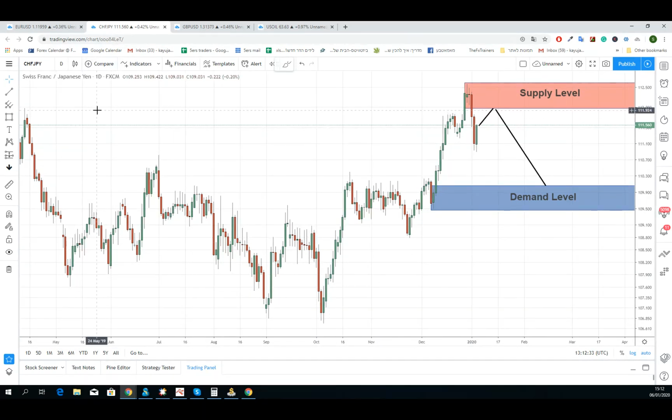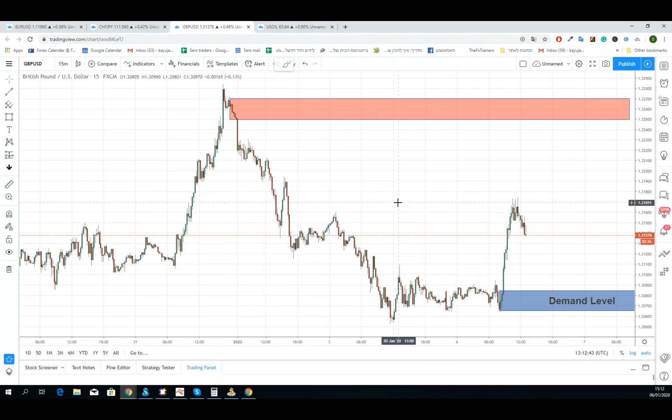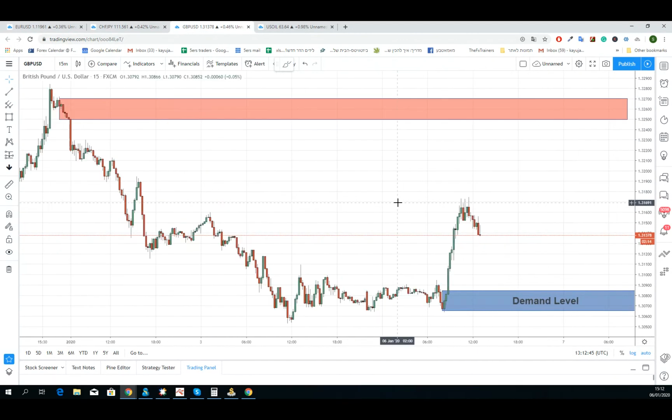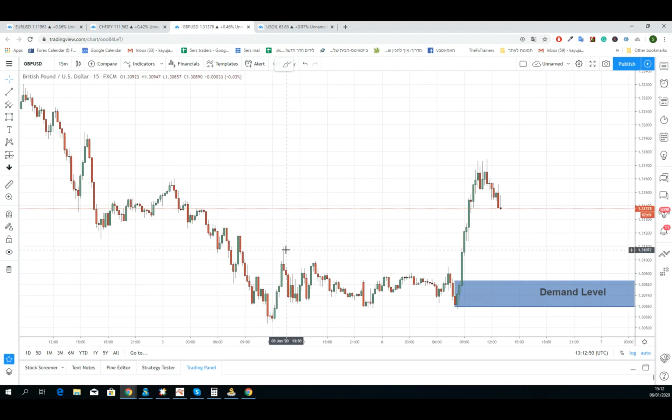Okay, let's go on to the last one, which is the euro dollar. By the way, I'll show you another thing on the pound dollar, which you can see. This is also, as you can see, a Quasimodo pattern here, because the price was compressed down, creates a low, high, lower low, lower high, then the last low, then the price succeeds to create a higher high.